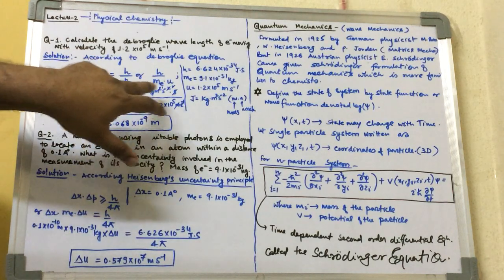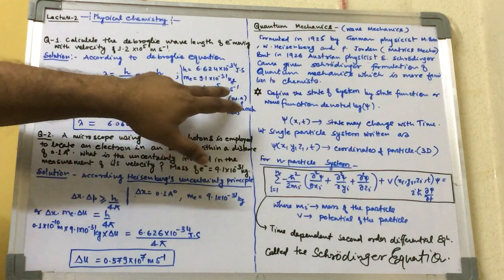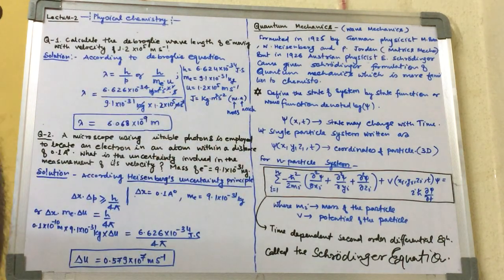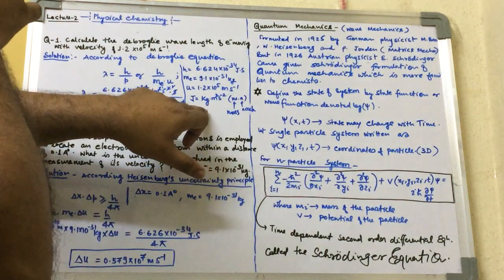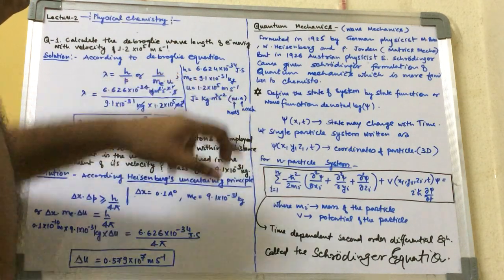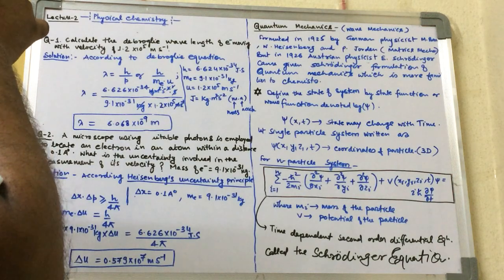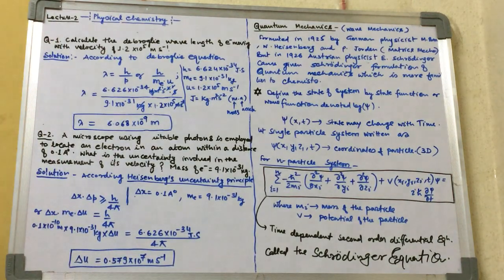Here I am converting the unit, because kg and meter second are also given. Joule second converts to kg meter square second inverse minus 2 into second, so that you can easily cancel the similar units.